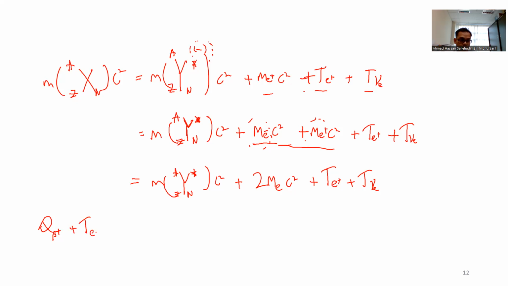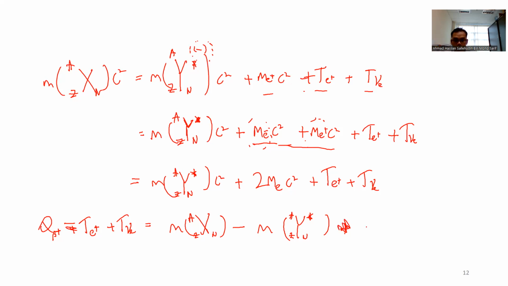It's the T e plus T nu equal to M of the parent, Z n, minus M of Y, Z n minus 1.